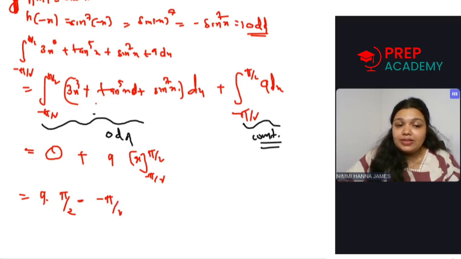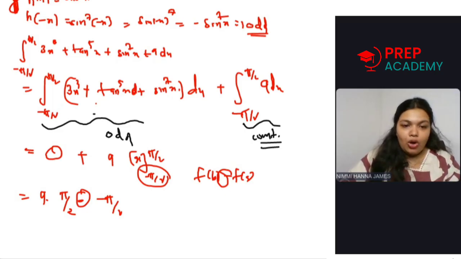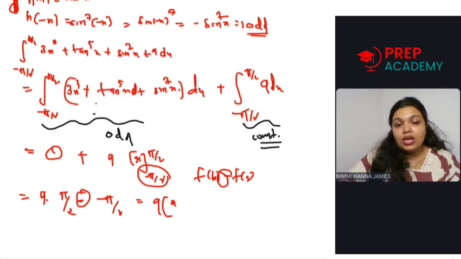This minus is upper limit minus lower limit, f of b minus f of a, and this minus belongs to minus pi by 2. So that is 9 into pi by 2 plus pi by 2, which is 9 pi. So 9 pi is the answer.